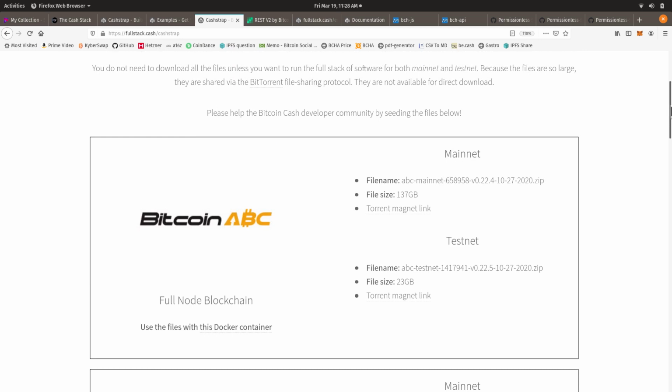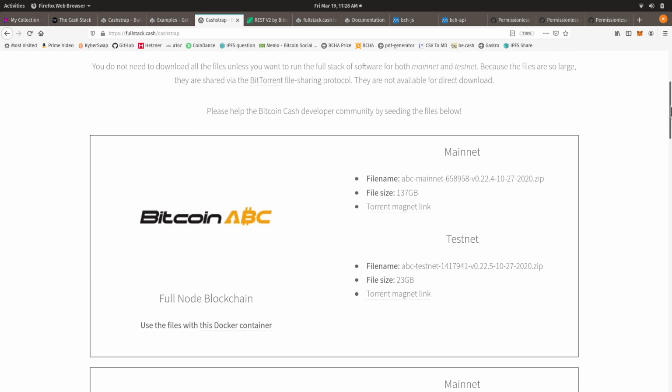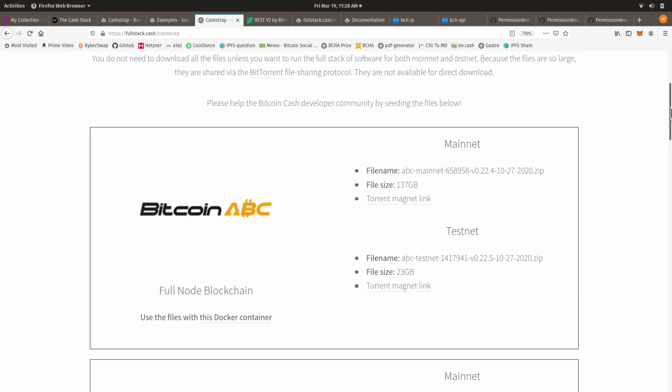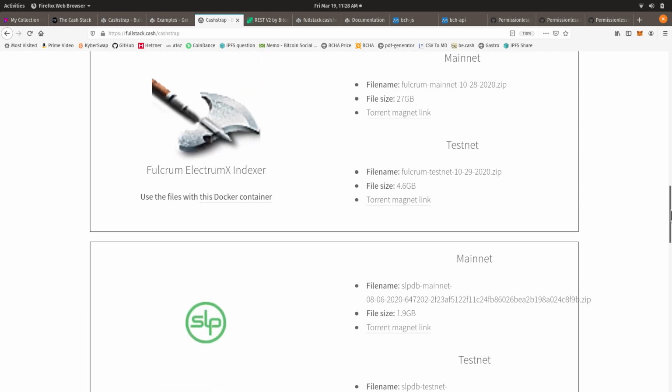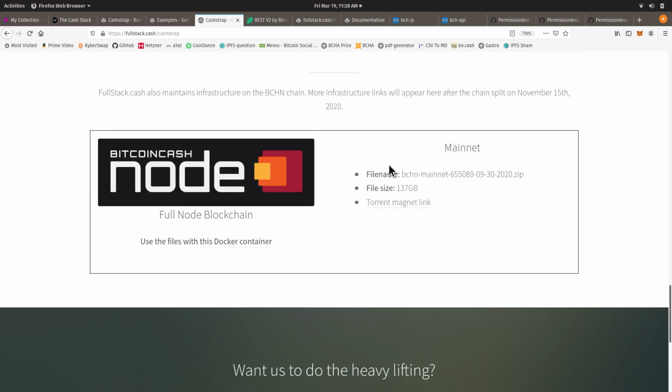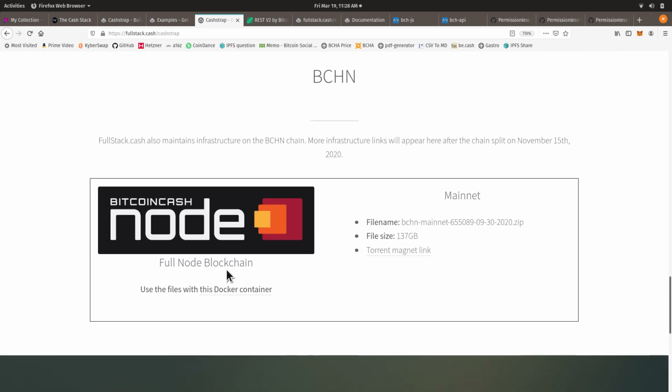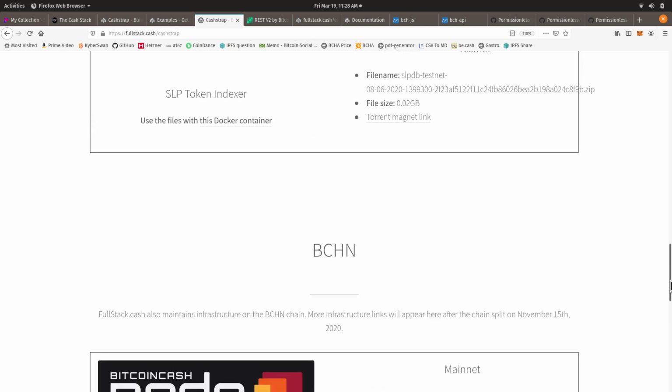If you do not have the budget, or you would rather have your own in-house infrastructure and you don't mind the learning curve of learning how to run all this software, we provide BCHN, the full node. We have a Docker container, and we have a pre-synced database that you can download over BitTorrent, so that you can stand up each of these layers of the infrastructure in about an hour rather than 2 weeks to sync, which is typically what it takes.